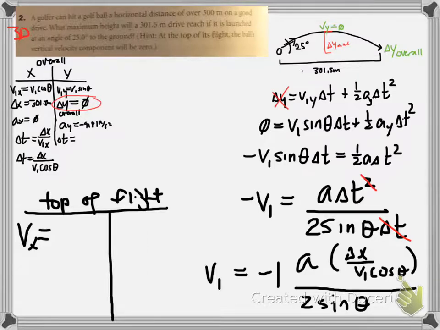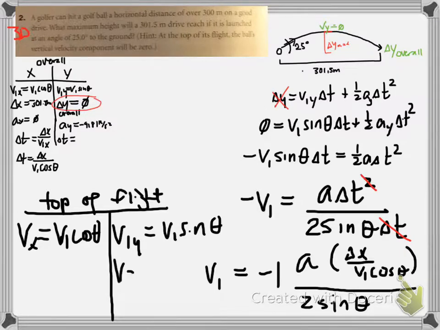Because there's no acceleration on the x-axis, so it's still Vi times cosine theta. Your Viy is still going to be your initial Vi on the y-axis, Vi sine theta. But at top of flight, you now have a Vfy, which is 0. Because we can treat this object as though it's going up and coming straight back down. Okay, pretty handy.